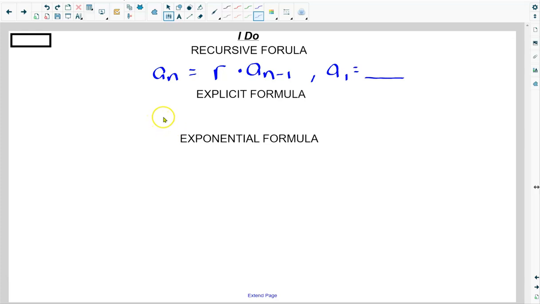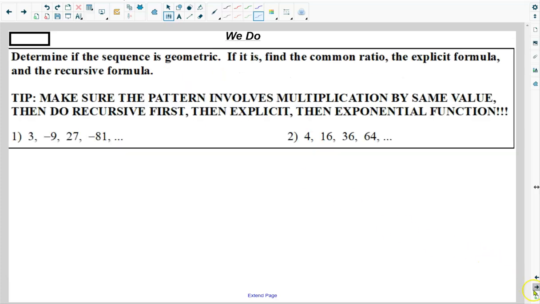In general, I guess it'll help if we look at a sequence. If I create a table, this is first position, second position, third, and fourth position.